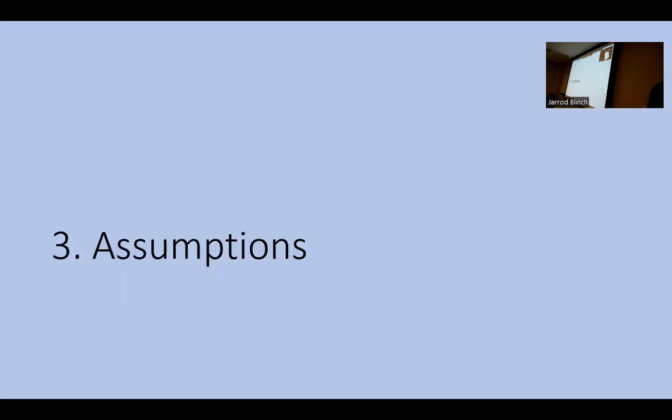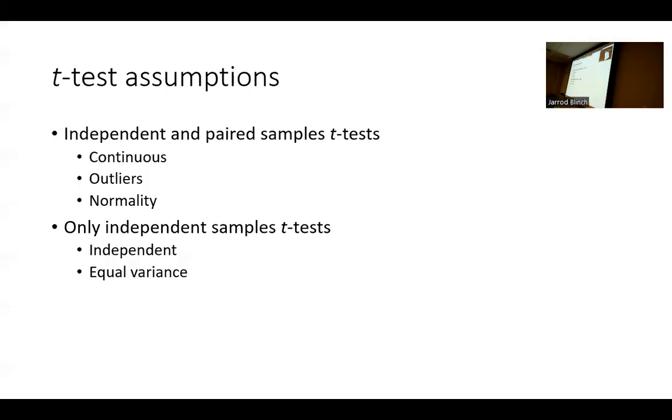So in this next section, we're talking about the assumptions behind a t-test, and this is partially review of what we saw with correlations, and for the ones that we're reviewing, we'll do them in half the time we did before, and we'll focus on the newer assumptions. So t-test assumptions, because we'll see this next week as well, I've already grouped them into assumptions that are required for independent and paired samples t-tests, and if you notice, those are the same three we saw with correlation.